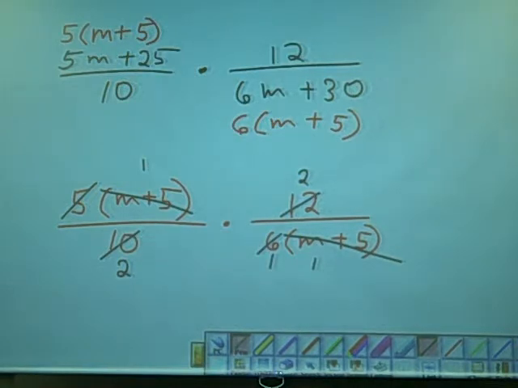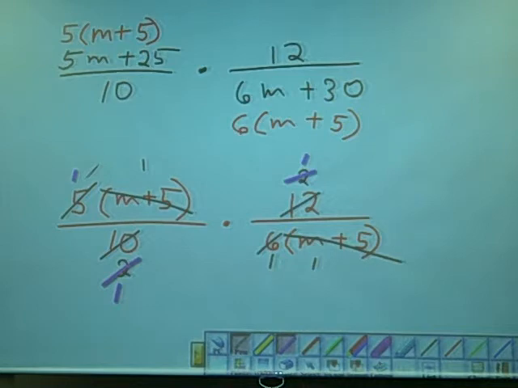Can anything else cancel? The 2 2s. Yeah. The 2's can cancel. I'll use purple for that. Well, let's see. The 5 cancels into 10, 5 cancels itself once.